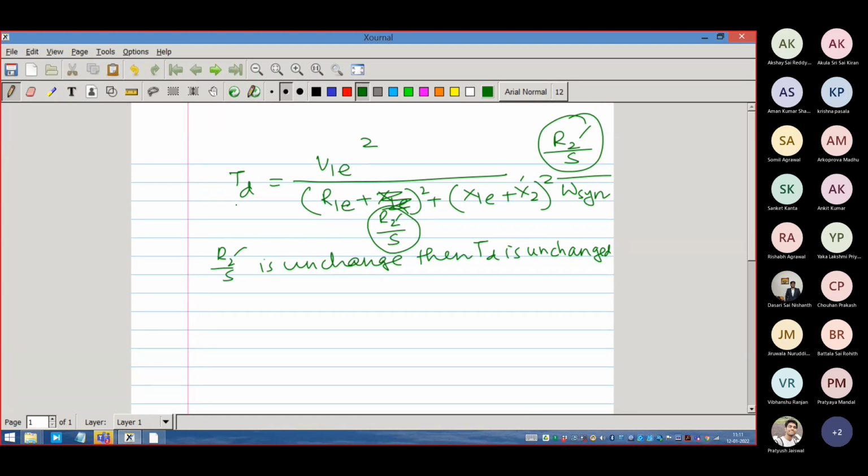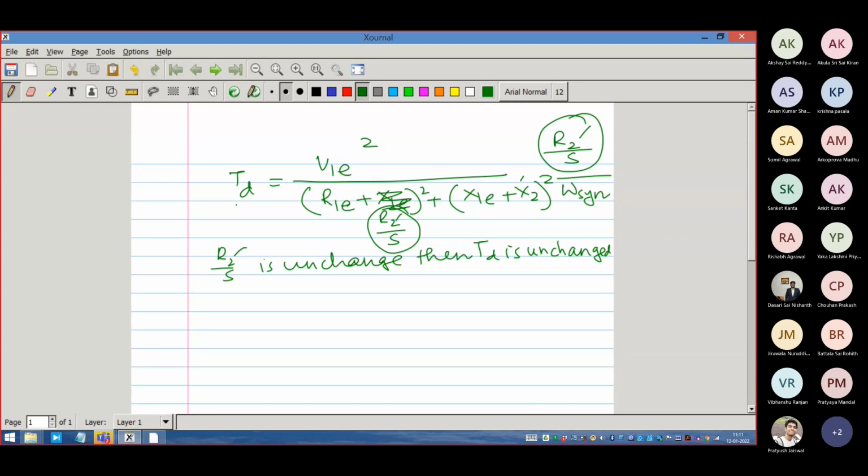So R2 dash by S as a ratio is what works in the torque expression. It is not just R2 dash, it is R2 dash by S. That means the slip could be adjusted when the rotor resistance is different to obtain the same amount of torque. Whether that is good or bad is a different issue, whether changing rotor resistance and operating at low slip is a better thing.